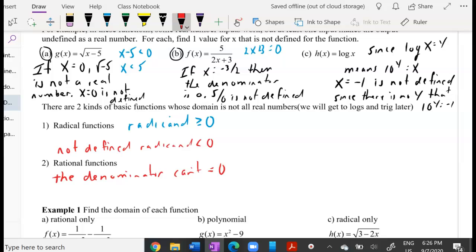So any value making a denominator equal to 0 must be excluded from the domain.